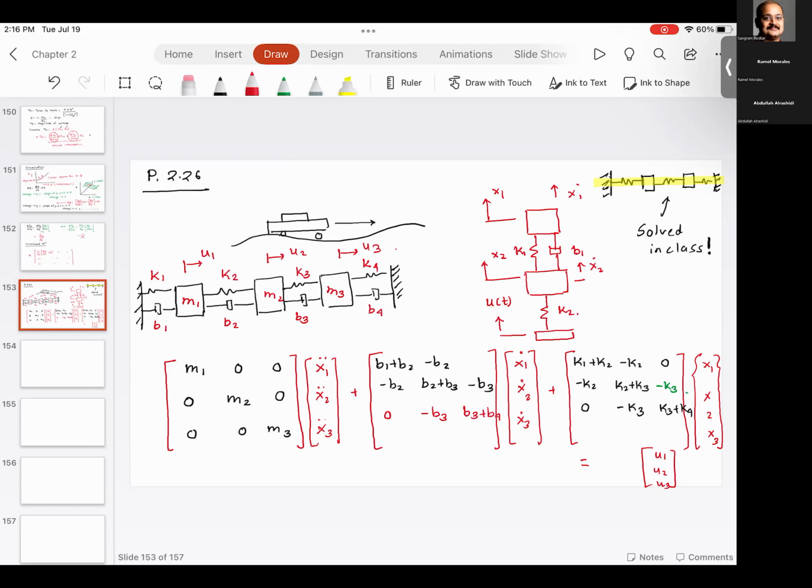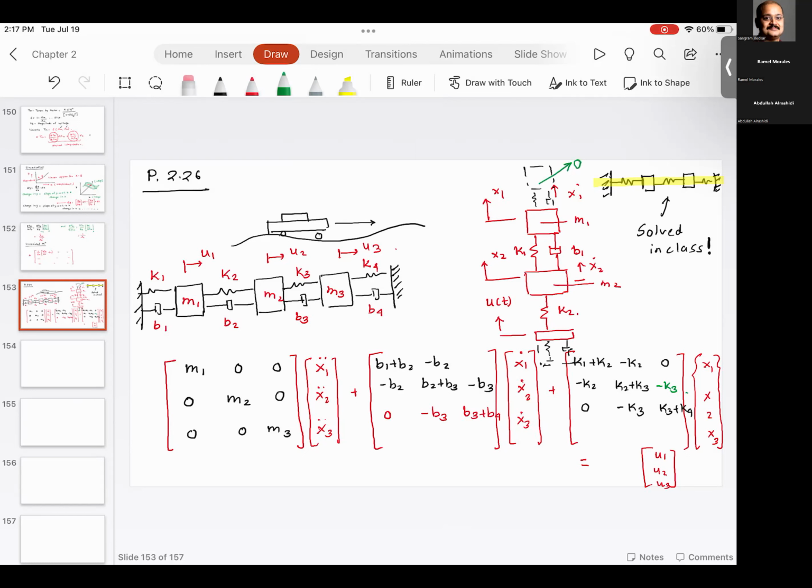Now what we need to do is substitute. So I'm going to call this M1 and I'm going to call this M2. I want you to visualize there is this mass here. I want you to visualize that there is another spring here and another damper here, and treat this mass as 0.